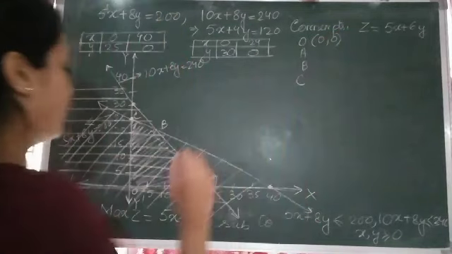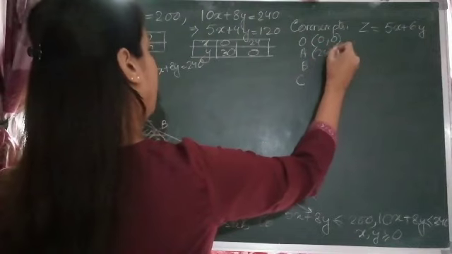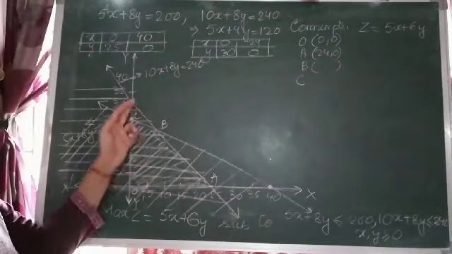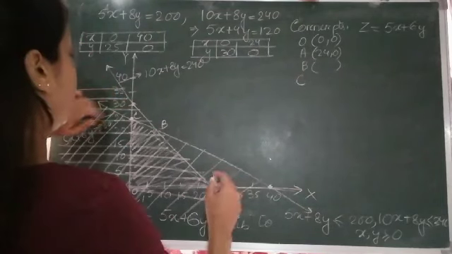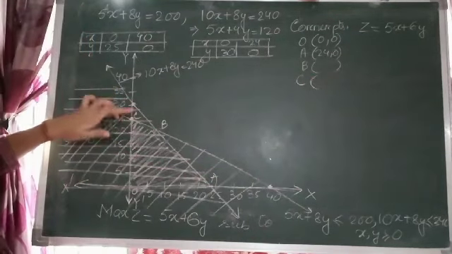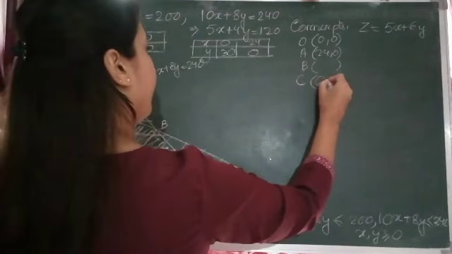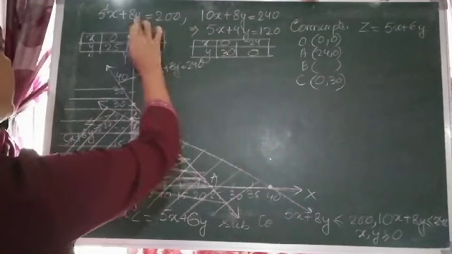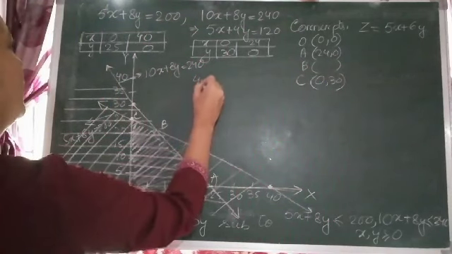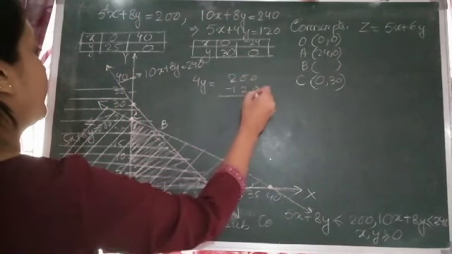O is 0, 0. Coordinate of A will be 24, 0. For B you have to find it out. This is the point of intersection of both the lines. And coordinate of C will be 0, 30. Solve both the equations. If you subtract, 8y minus 4y will be 4y, that is equal to 200 minus 120.